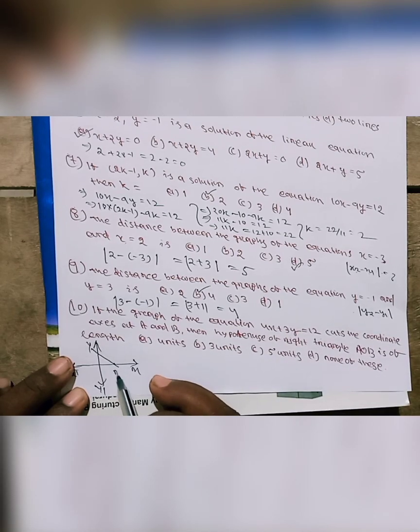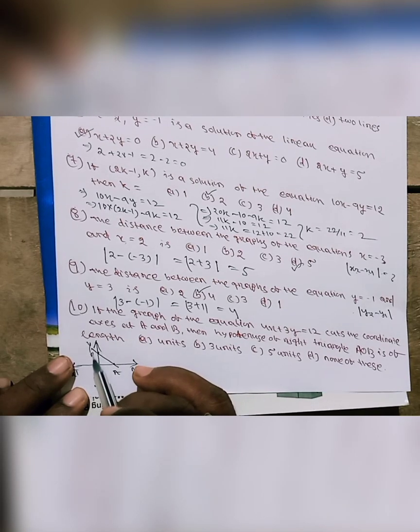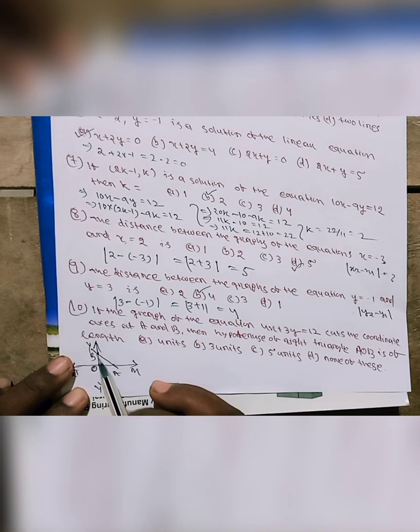The graph cuts the x axis at point A and the y axis at point B. The origin is O. It is a right angle triangle, so find the hypotenuse of the right angle triangle AOB.